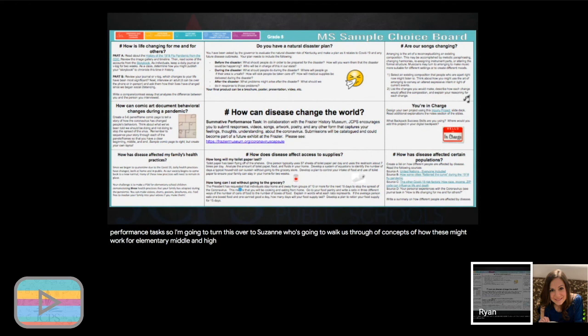And then another piece I wanted to call out about this middle school sample choice board that we'll get to, that will kind of be made more clear here soon, is that we're starting to see up in the left-hand corner and then in the bottom right, you have an ELA and a social studies task respectively. And so what you're seeing here is that these 2 boxes are beginning to be connected.